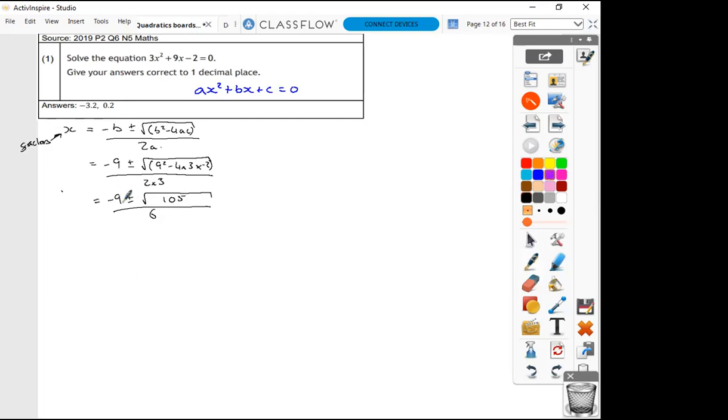So I want to explain this plus or minus. This plus or minus is there because we're going to get two answers out of this. So at this point, we can split this equation into -9 plus root 105 over 6. And we can get another answer by doing -9 minus root 105 divided by 6.